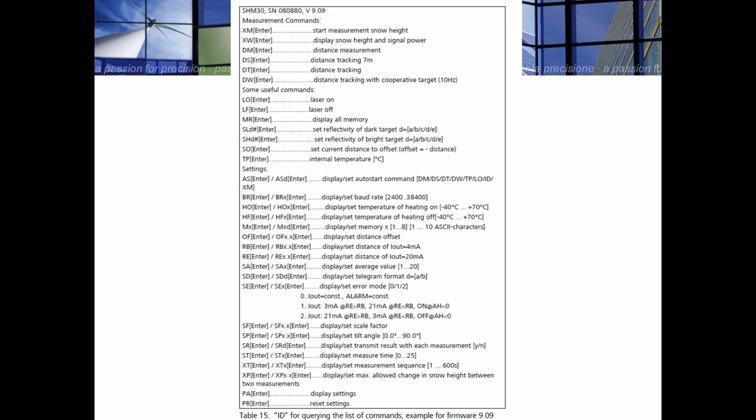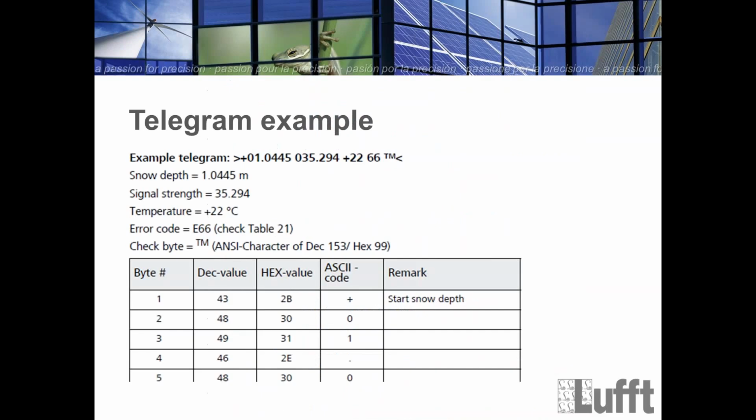There are different commands available in the full parameter setting, which you can find in the manual too. There is a telegram output over RS-232, and the telegram typically consists of the snow depth, a signal strength value, a temperature, an error code value. The list of error codes is also available in the manual, and finally a calculated check byte at the end.